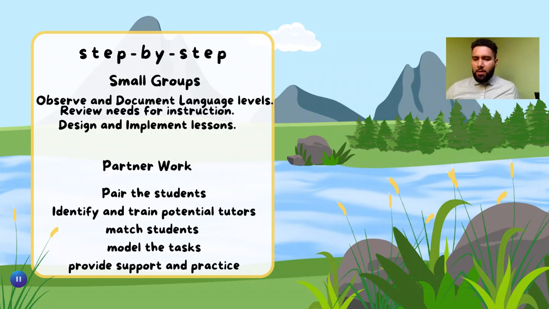Ideally, you'll get one student that is a specialist in that specific skill, and the other will be a student that is very close in their language level. In my fifth grade class, I had one top student in English and language partnered with one of my English learners.